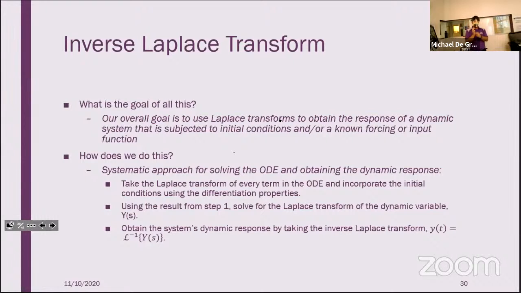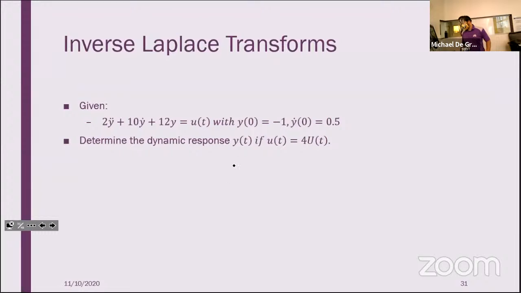So I'm literally going to look at my table and say, I have this form in Laplace space; this is the function that needs to be of the same form, okay? You'll see.